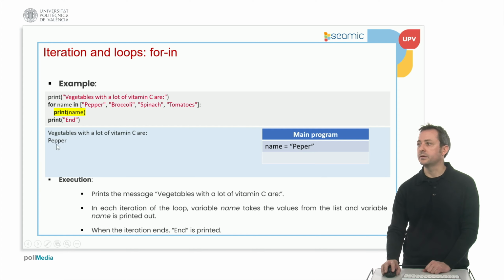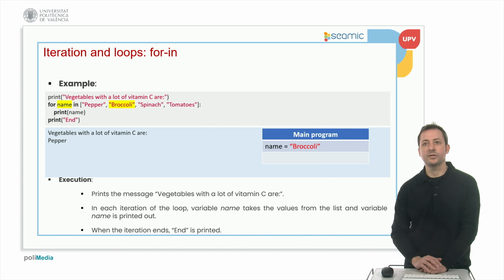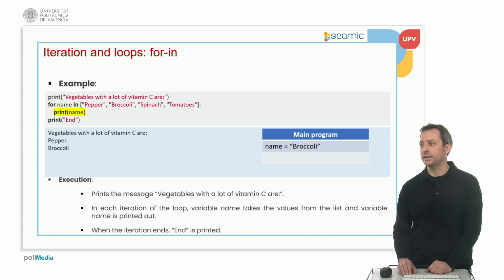We show this print here in the terminal, and again let's go to the condition of the for, and the variable name takes the second value of the list, that is broccoli. So this value is changed here, and let's execute the code inside the for, that is this print.